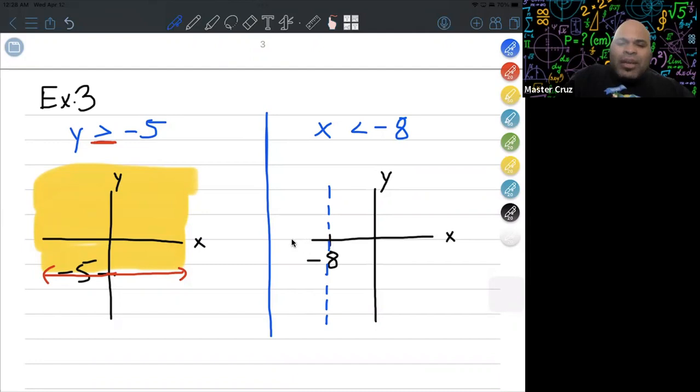Are they to the left of negative 8 on the number line, or to the right of negative 8? If they're less than, they have to be to the left. So I only care about the numbers that are on this side of the graph. All these points are solutions, meaning that if I plug any of these points into this inequality, it will give me a true statement.